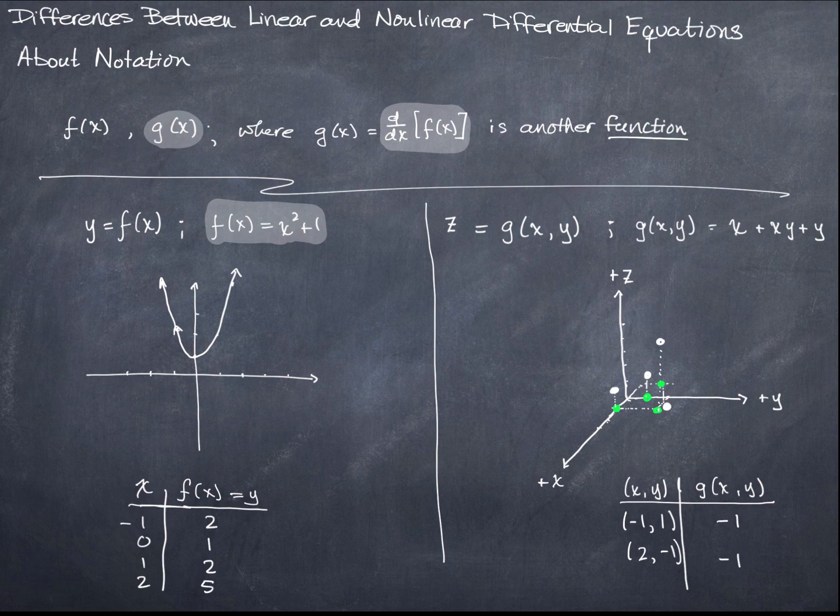So for my last point, I have x equals 2, y equals -1. So I'm going to go out to where x equals 2, which is here. Y equals -1. I'm going to go in this direction. So I'm going out to here, basically. There is my reference point, and from there, I'm going to go down 1 unit.